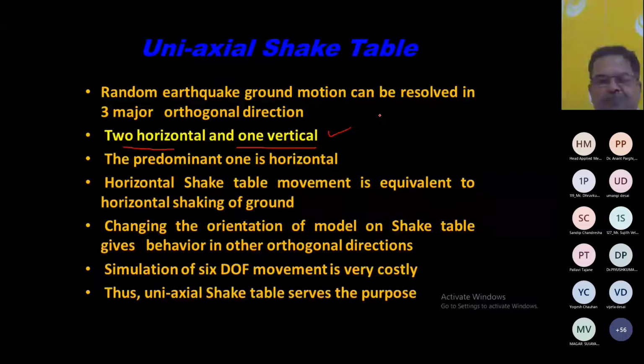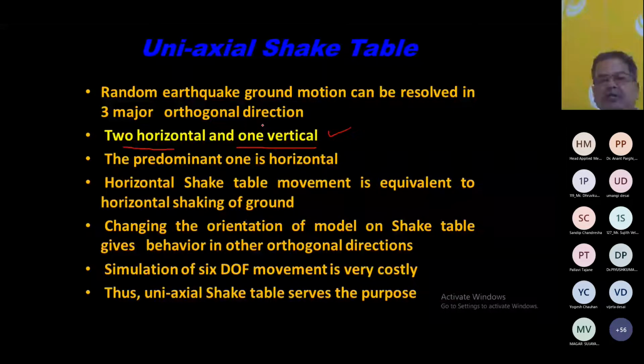Therefore, most structures will not experience the vertical acceleration to that extent, but the horizontal component of the earthquake will travel a long distance, right? So the horizontal component is very important to study the behavior of the structure, right? So the vertical component we are generally not counting.